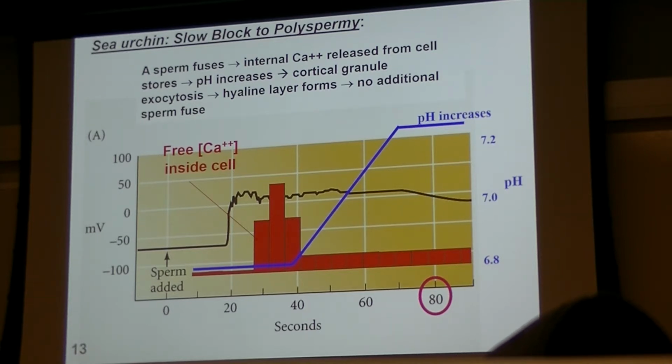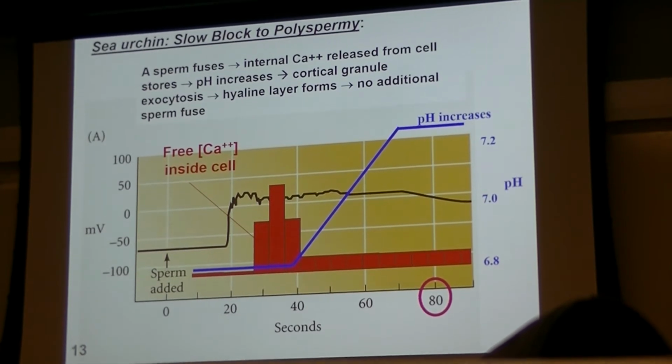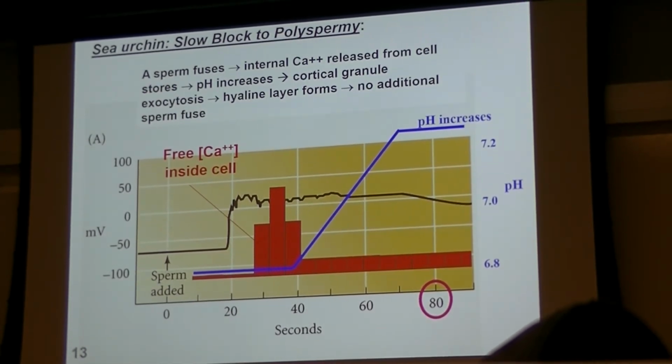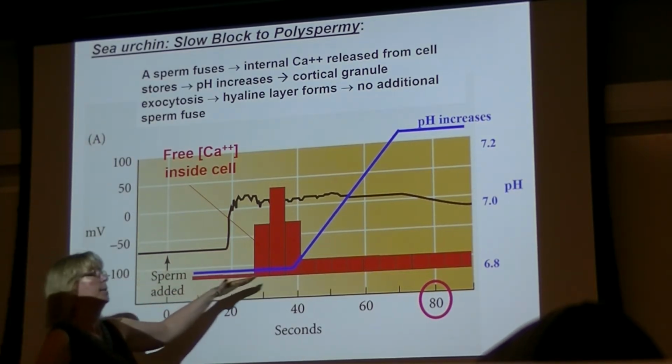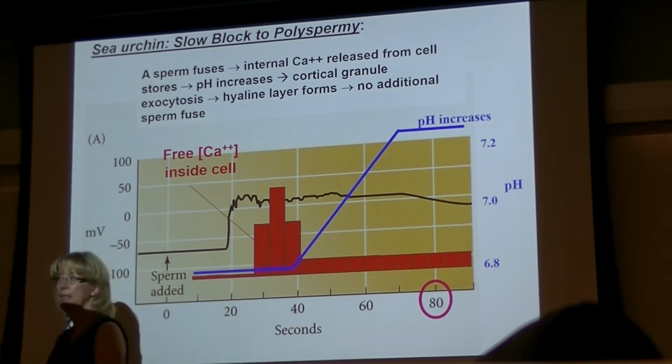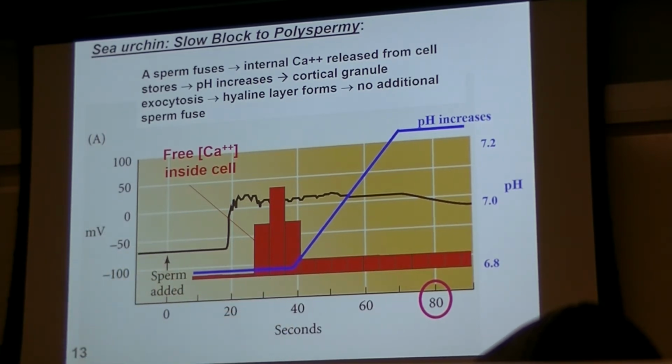Instead of calcium coming in from the outside, the egg cell has internally stored calcium in sequestered places, and now it releases it into the common cytoplasm of that egg cell. As that happens, these changes in ions change the pH within the cell. It goes up.